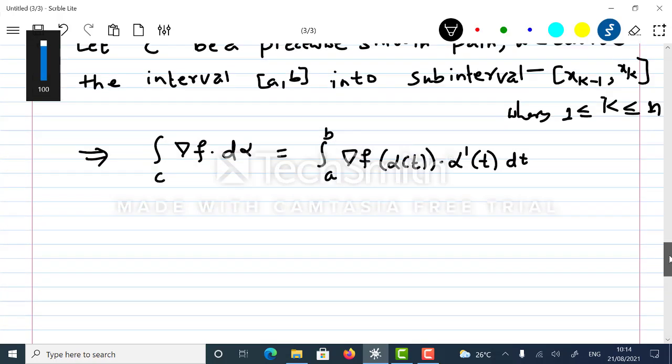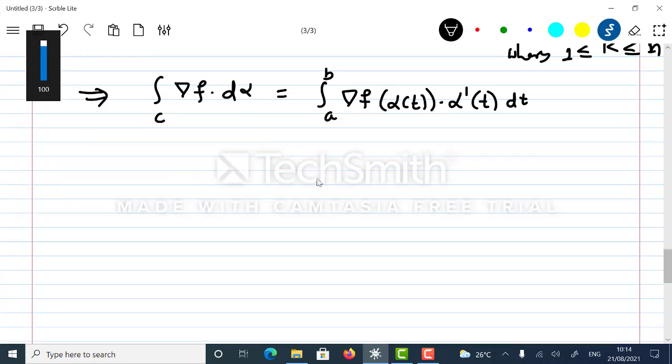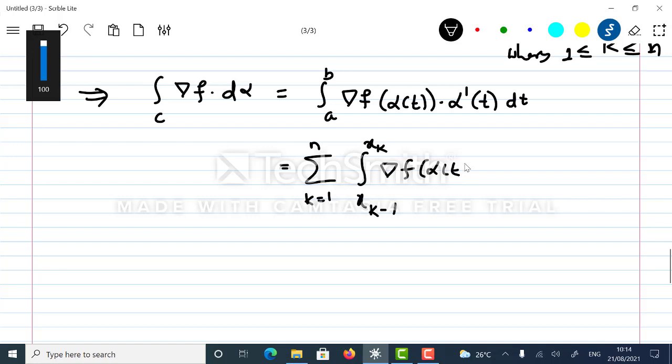Now since it is piecewise smooth, like I said, we will find C1, then C2, C3, and then we will add them. So it is equivalent to saying the summation k goes from 1 to n of the integral from xk minus 1 to xk of gradient of f of alpha t dot product with alpha dash t dt.